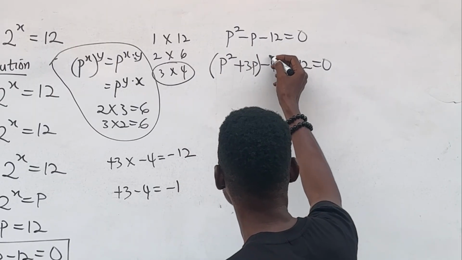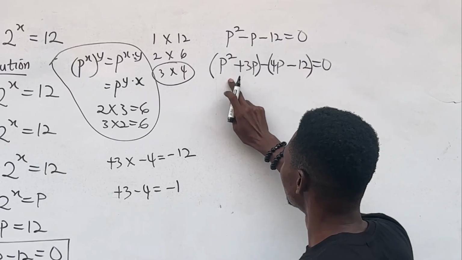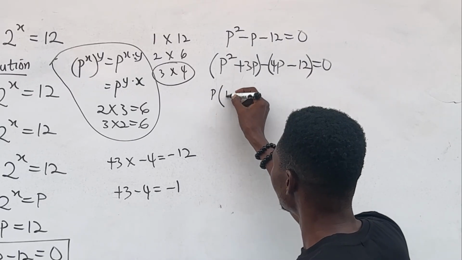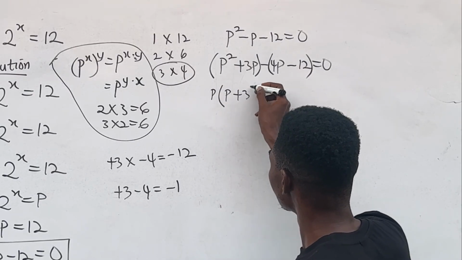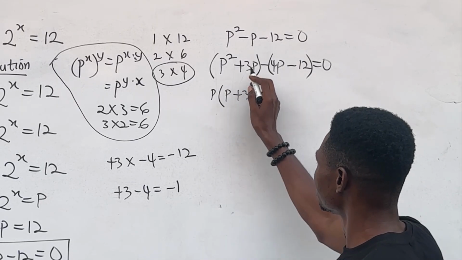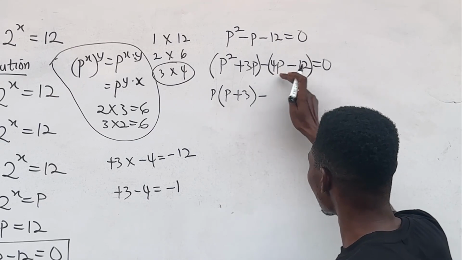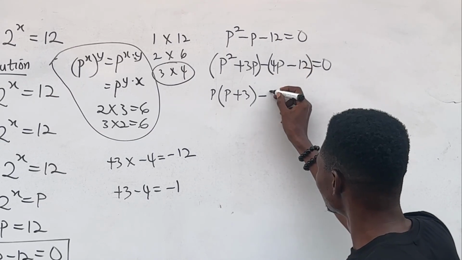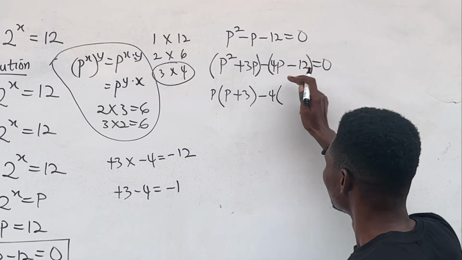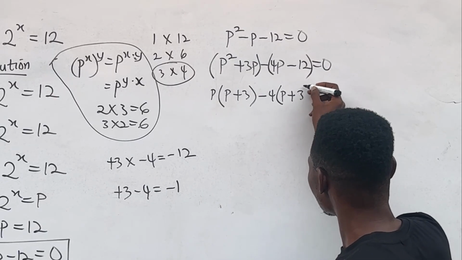What is common to this first bracket is p, and what's left is p plus 3. Because p multiplied by p is p squared, p multiplied by 3 is 3p. Then we have our minus here. Now what is common to 4p and 12? 4 is common because 4 can go into 12. So what is left here is p plus 3.